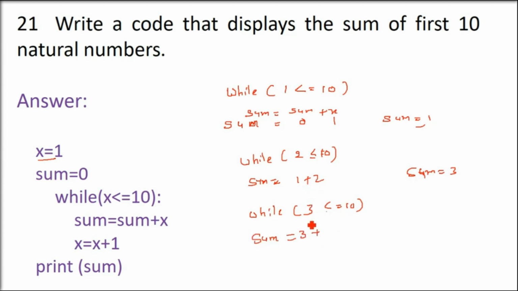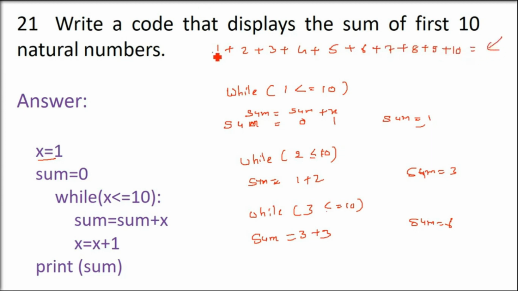So sum has become 6. This is after 3 iterations. This is how 1 plus 2 plus 3 plus 4 plus 5 plus 6 plus 7 plus 8 plus 9 plus 10. Finally, all this is added, and that will be the result.